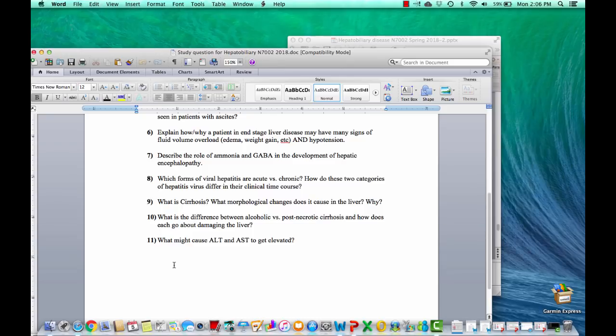But if their levels rise, what does that suggest? Right. That means that we've got hepatocellular injury and death, releasing those enzymes. Okay. So elevated liver enzymes are a good indicator of hepatocellular injury and death. Okay.